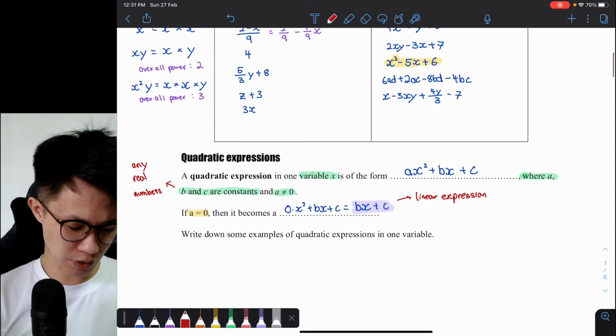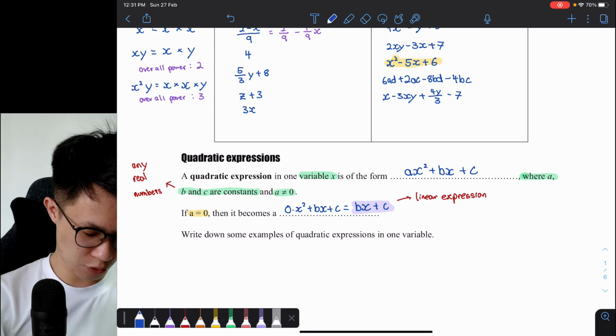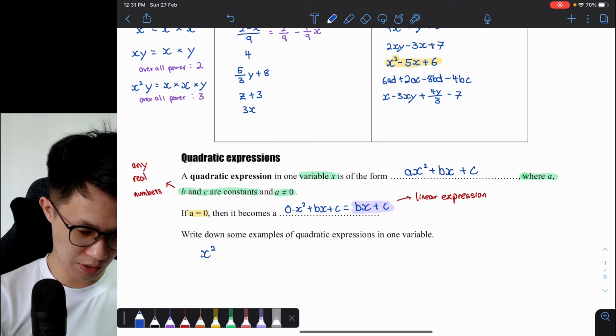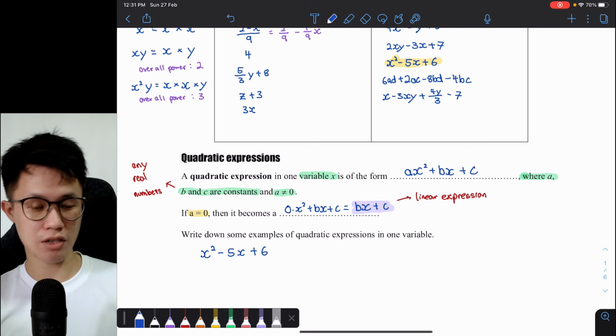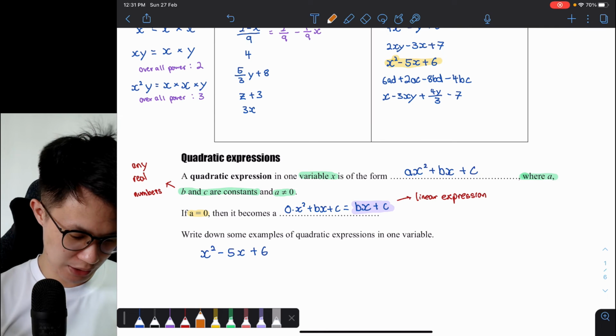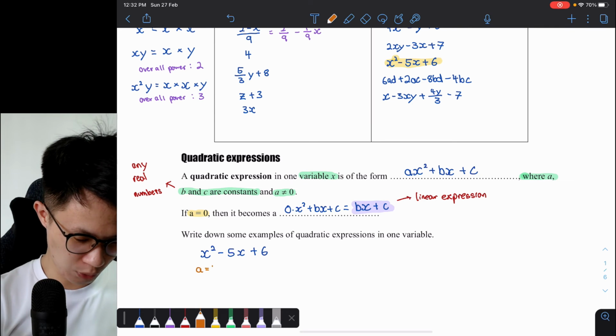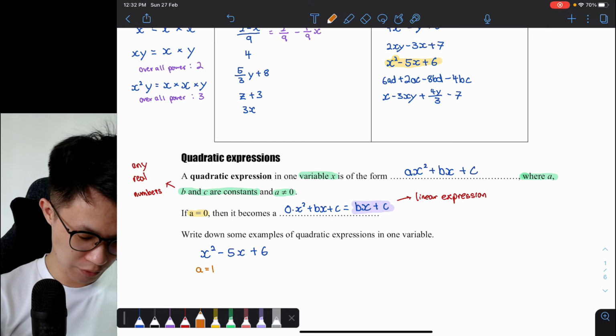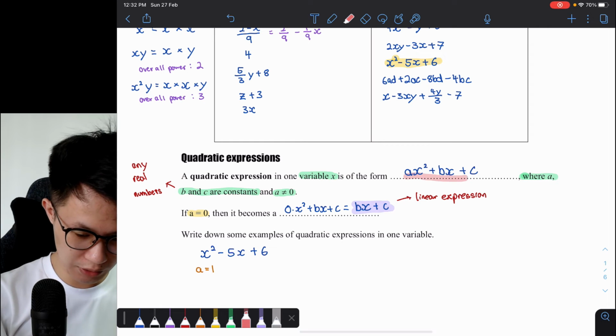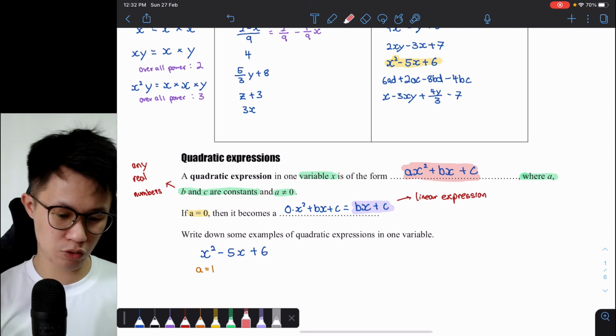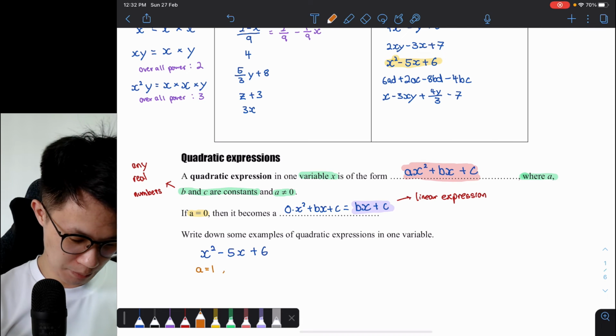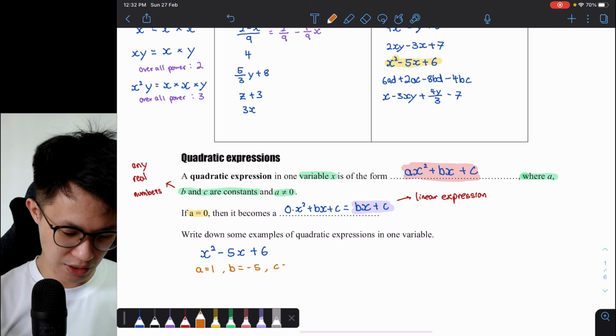So one very simple example of a quadratic expression, from just now, is x squared minus 5x plus 6. Let's compare with the general form over here. We can see that a is equal to 1, b is equal to -5, and c is equal to 6.